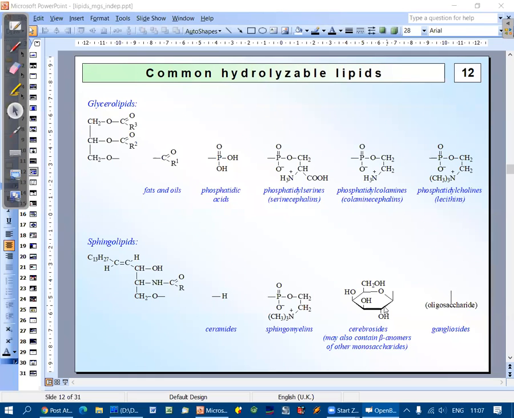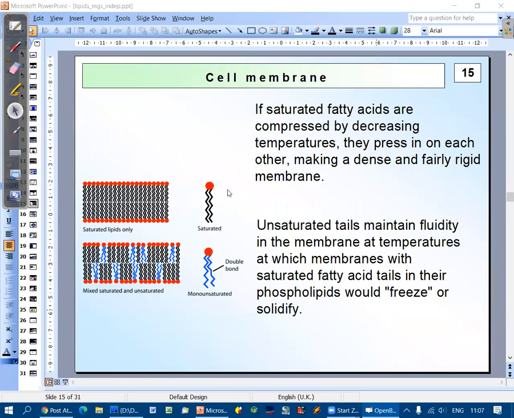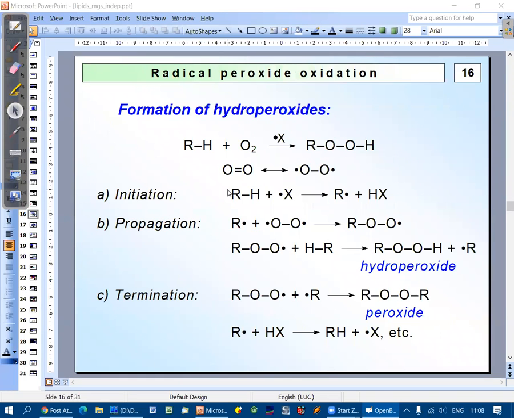Chemical properties of lipids are quite simple. First of all, this is the peroxide oxidation. I hope you remember that peroxide oxidation leads to formation of peroxides.